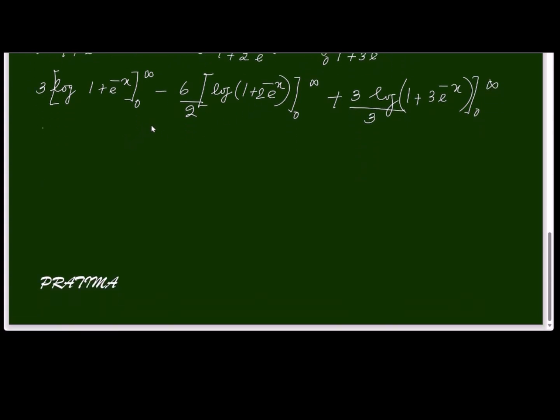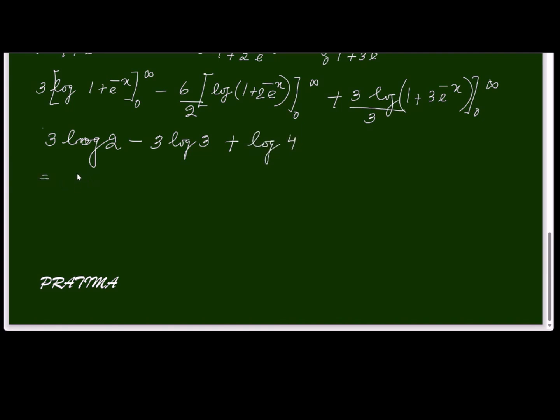Now getting the value, this will be 3 log 2, because if we put infinity it will be 0, and if we put 0 it becomes 2, minus 3 log 3, and this will be log 4.